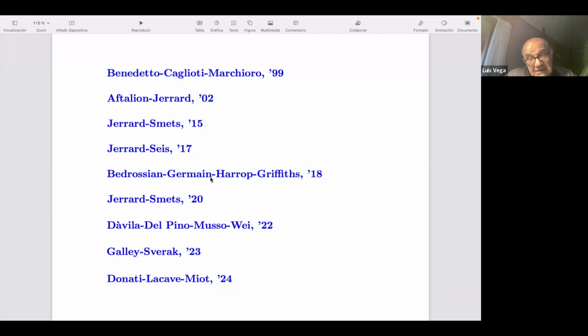More recently, it appeared, I think, two years ago, it was 22, the result by Bedrosian, Germain, and Harrop-Griffiths. The relevance of this result is that they went beyond Giga-Miyakawa, avoiding the smallness condition that Giga-Miyakawa needed.